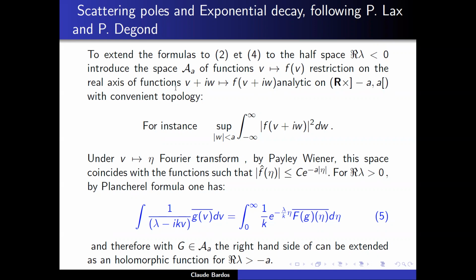And that, by the Paley-Wiener theorem, means that G is an analytic function in a slab, which means that I complete this picture, which I will do right here.